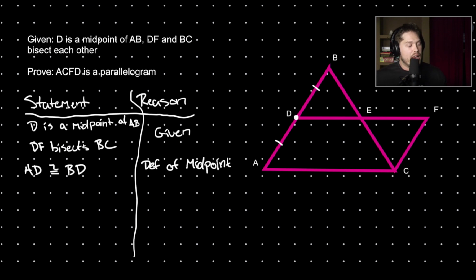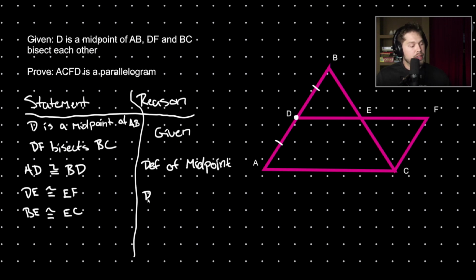And then what else were we given? We were given that DF bisects BC. If these bisect one another, this goes forwards and backwards. So we know that DE is congruent to EF, and we know that BE is congruent to EC.